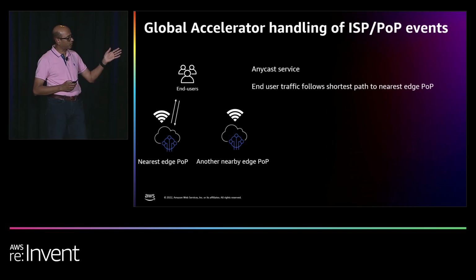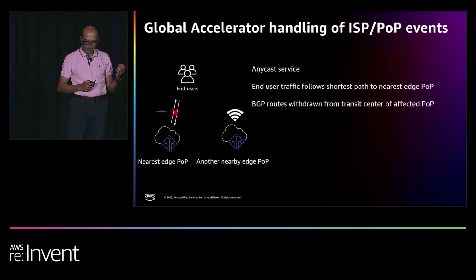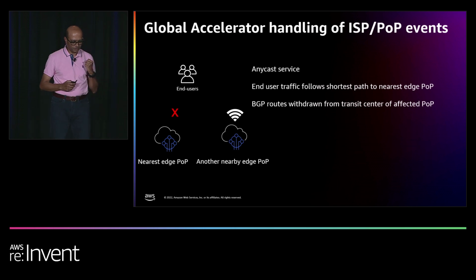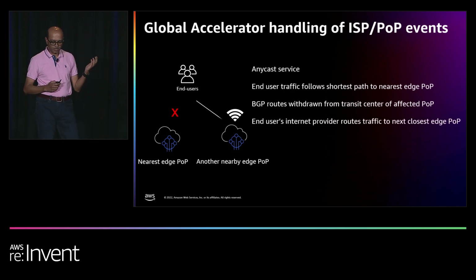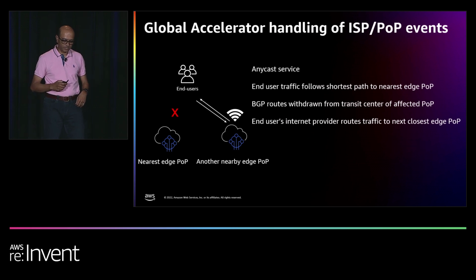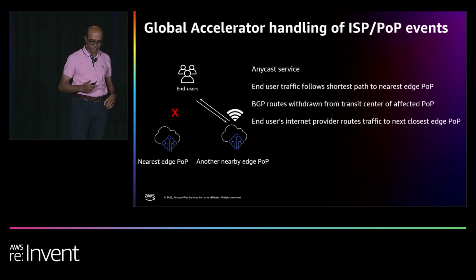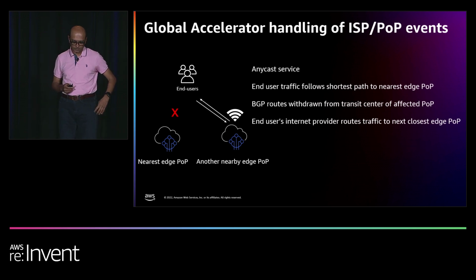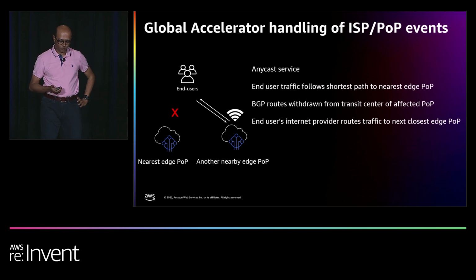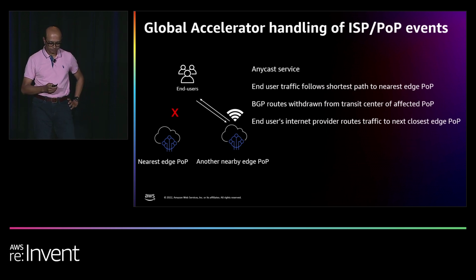If one of the ISP networks is impaired, then the BGP routes get withdrawn from the transit center of the affected POP, and effectively the end user's ISP routes the traffic to the next closest edge POP. So this is the built-in resiliency that Anycast offers. The same also holds true in the extremely rare case when an entire POP goes offline.